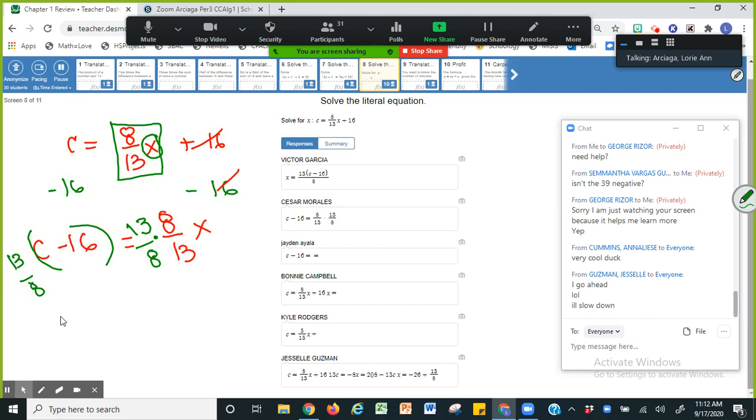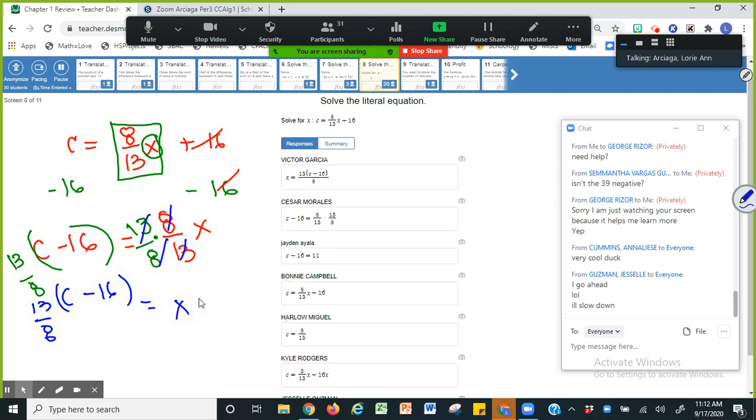So we can now cross these out. There you go. And then cross these out. You'll be left with x. Okay. So now from here, you can leave it as it is. You can make it c minus 16, parentheses 13 over 8. Or you can also distribute that if you want to.